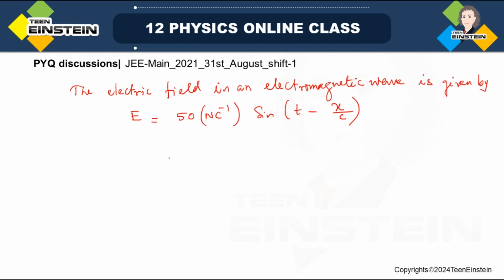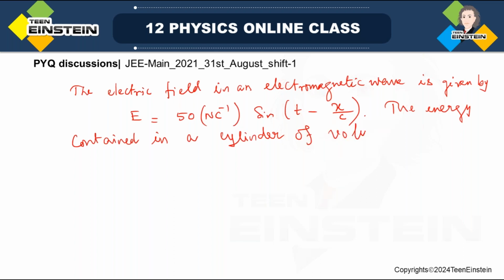The energy contained in a cylinder of volume V is 5.5 into 10 to the power minus 12 joule.